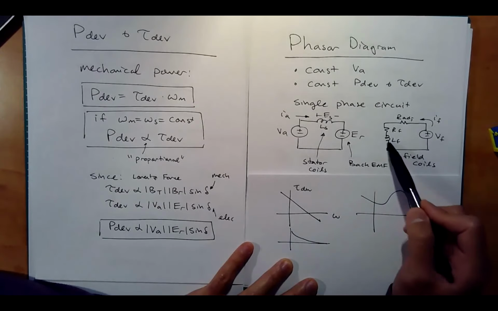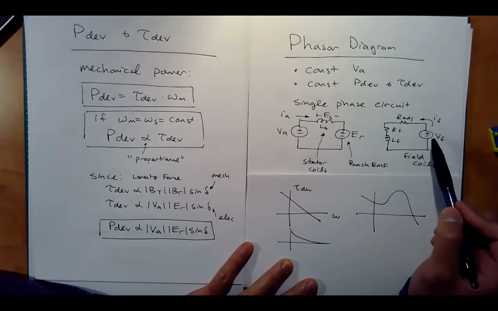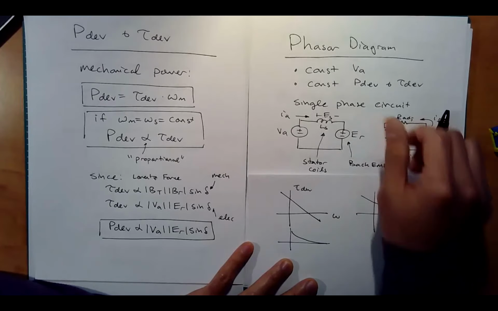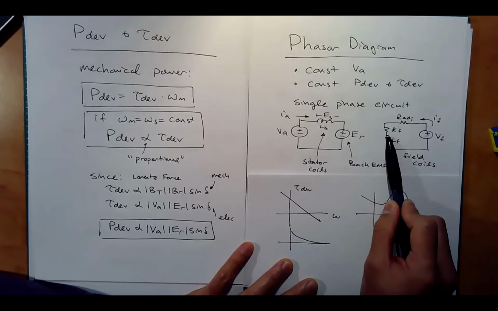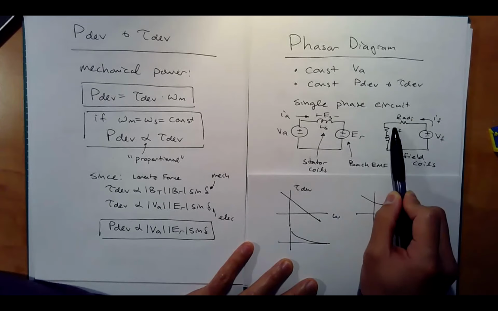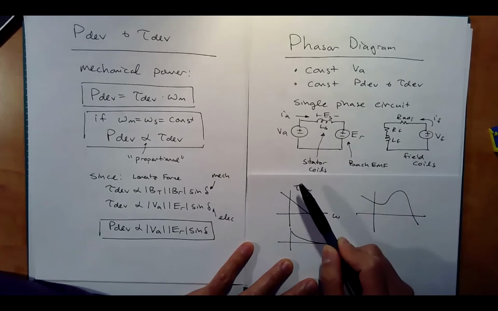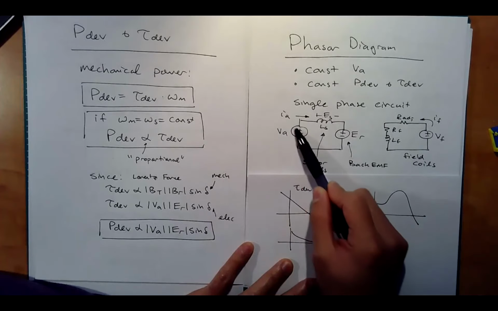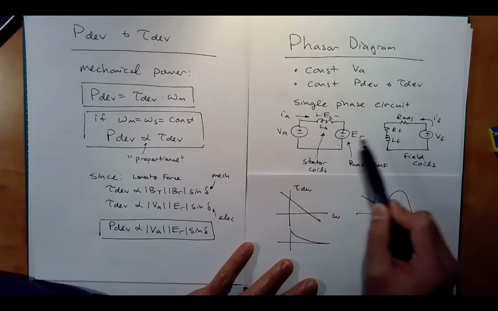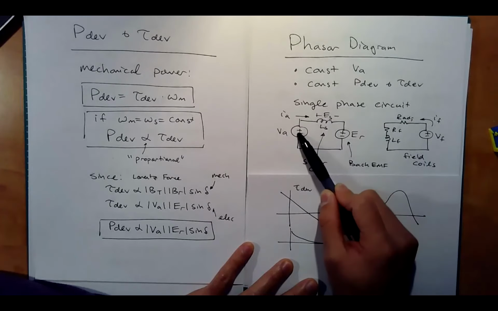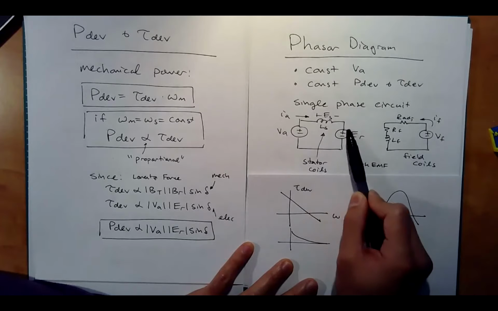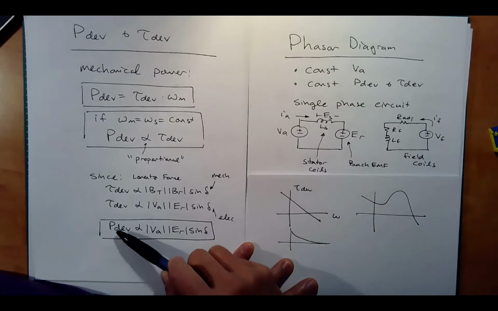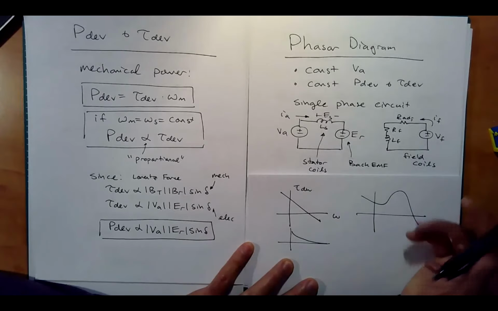Remember, you have your field coils in the middle, and you're exciting it with DC current, I_F, and you're using your Ampere's law to get B_R, which is the rotor flux, and that E_R is proportional to B_R. That's the back EMF, right? So the back EMF voltage times the input voltage times the sine of the electrical angle between E_R and V_A gives you essentially a relationship to power, right?